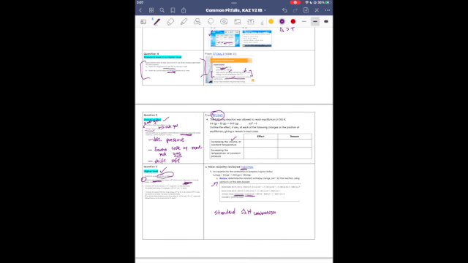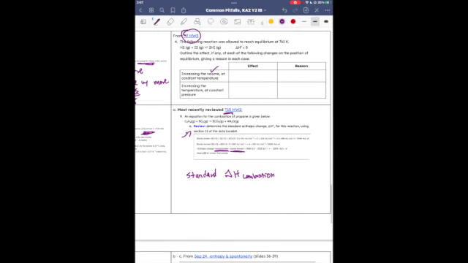I know this is really tricky. One person did get this, or maybe more than one. Standard delta H of combustion is combusting 1 mole of non-O2 product.